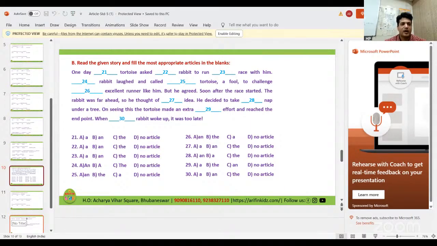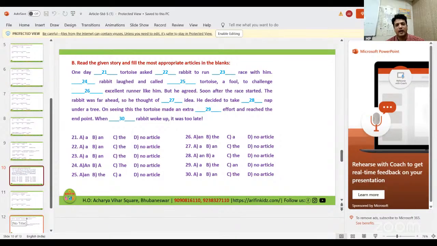Yes, everyone, let's start. One day, dash tortoise asked dash rabbit to run dash race with him. Dash rabbit laughed and called dash tortoise a fool to challenge dash excellent runner like him. But he agreed. Soon after the race started, the rabbit was far ahead, so he thought of dash idea.